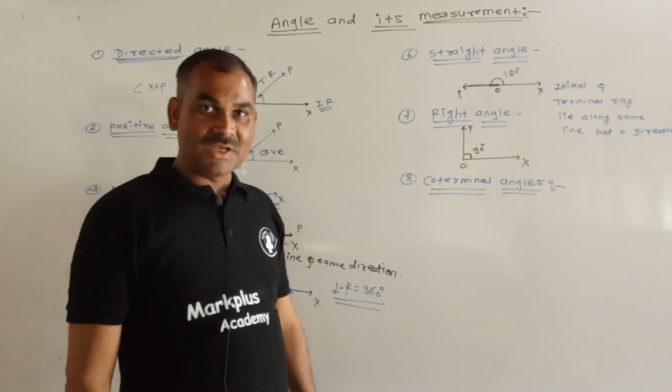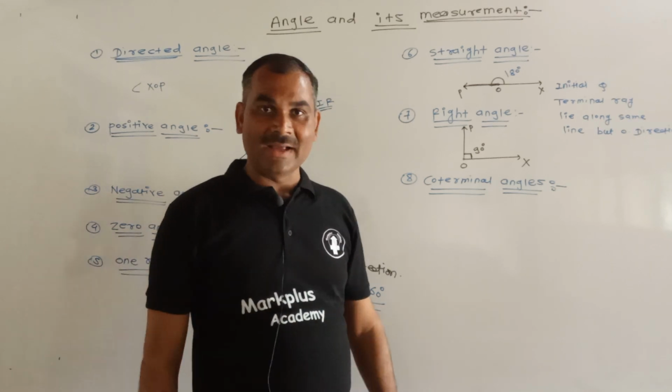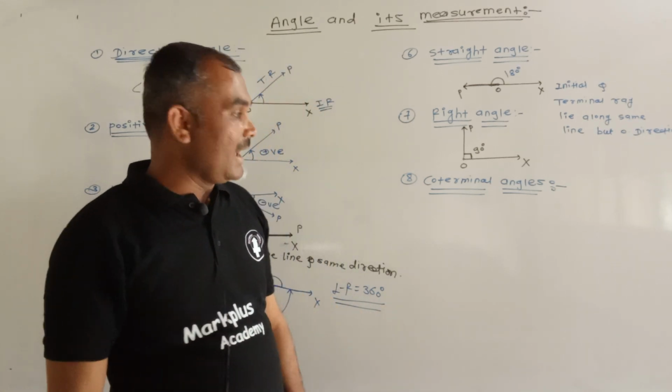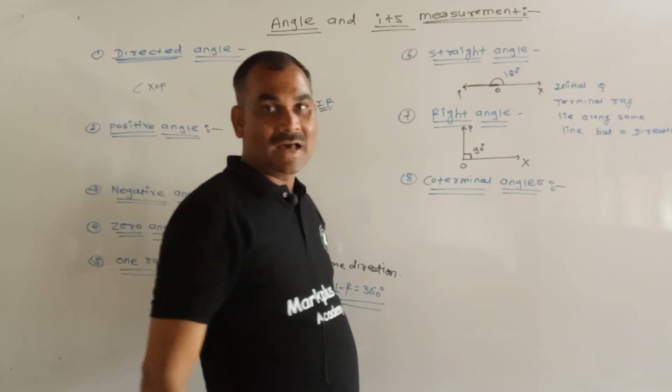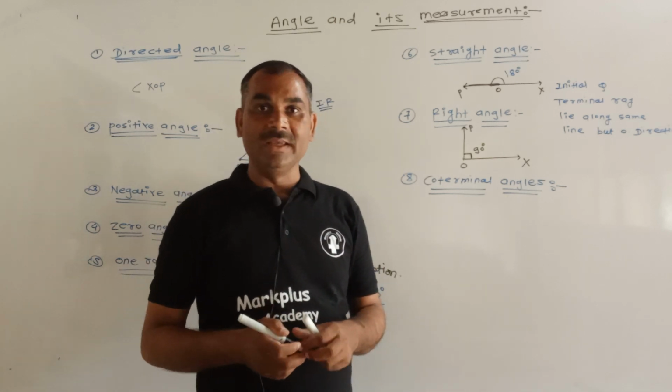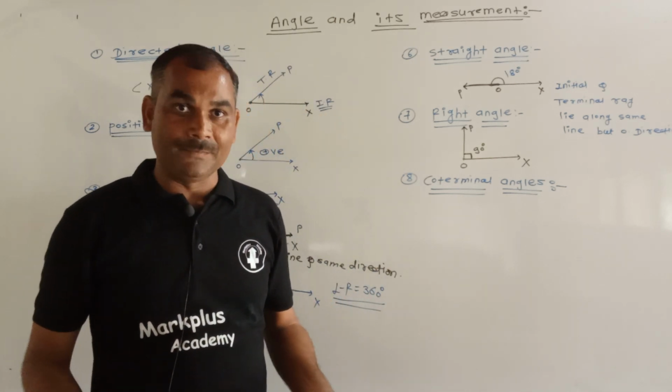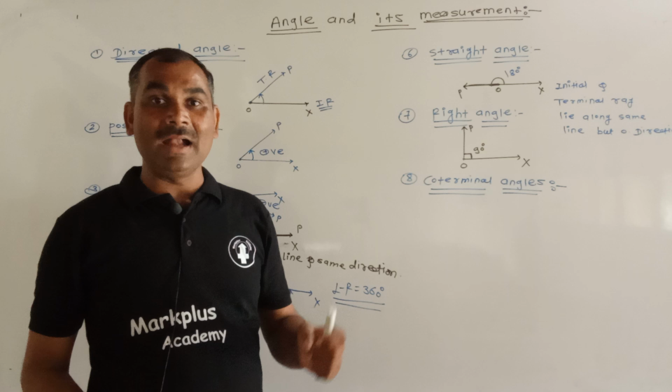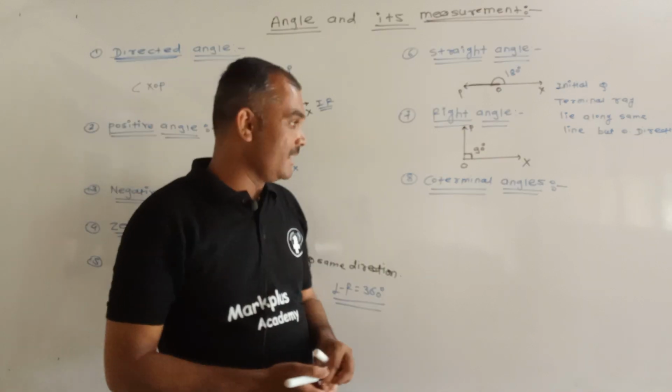Then after that, the most important definition, co-terminal angles. Two angles are said to be co-terminal if their magnitudes are different, but the initial and terminal rays are the same.